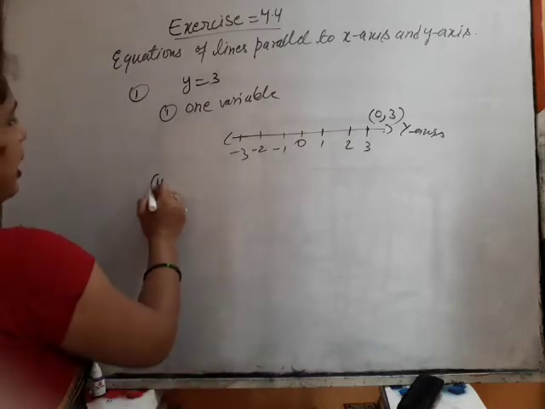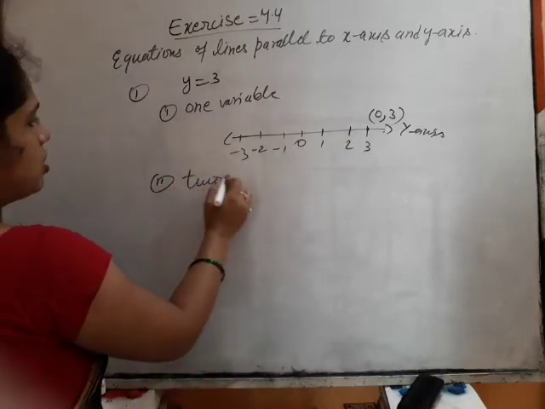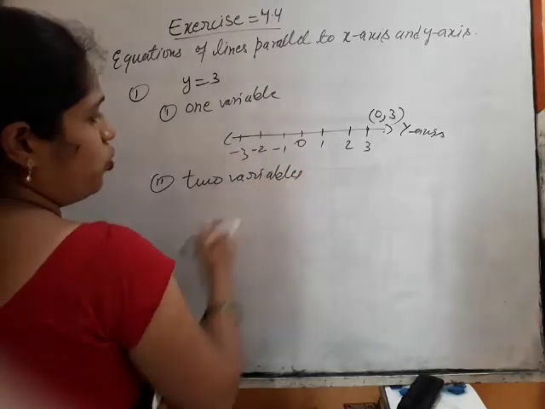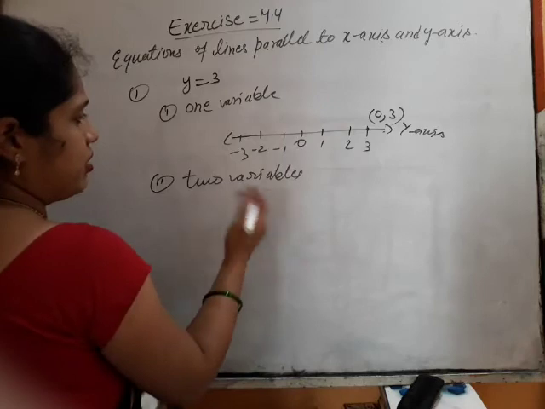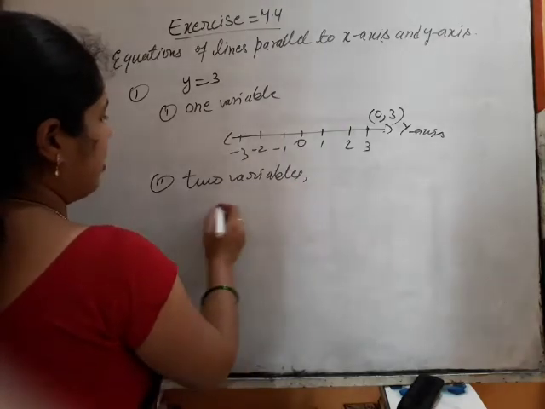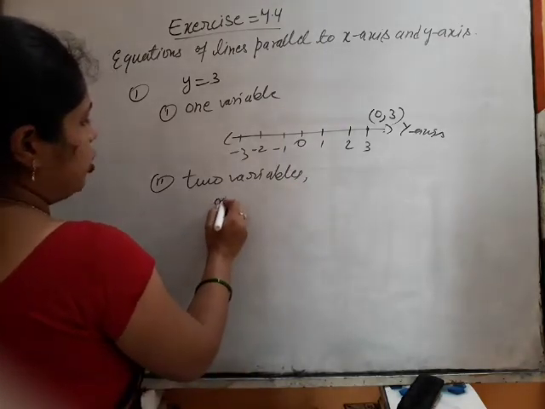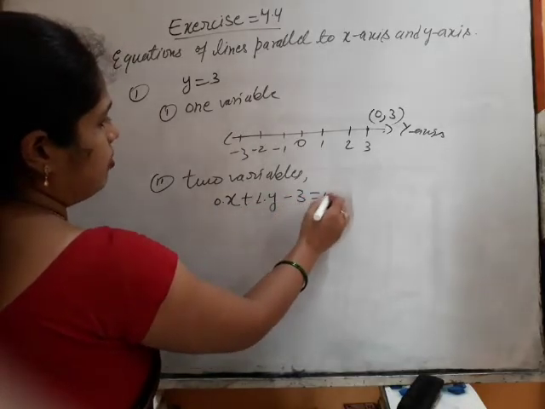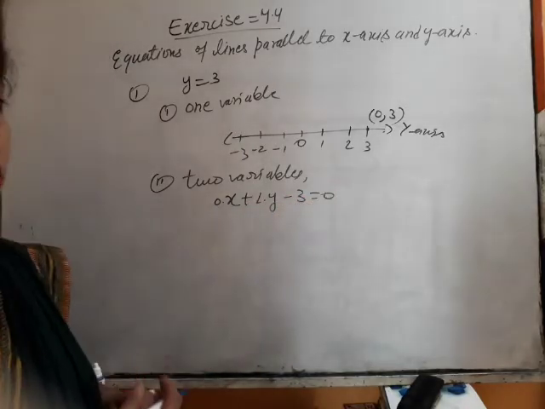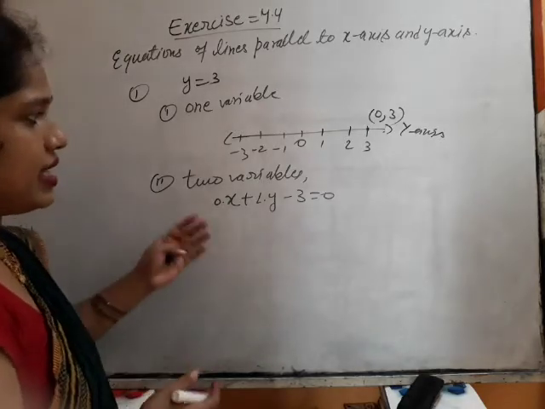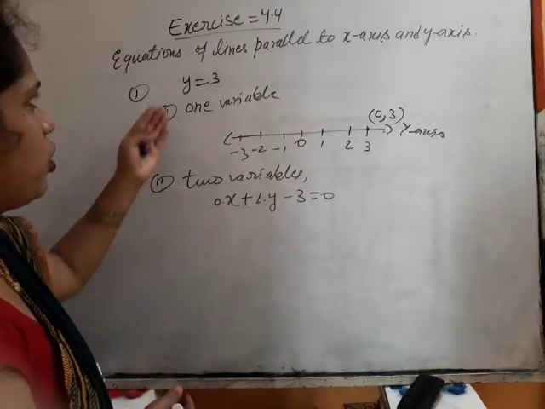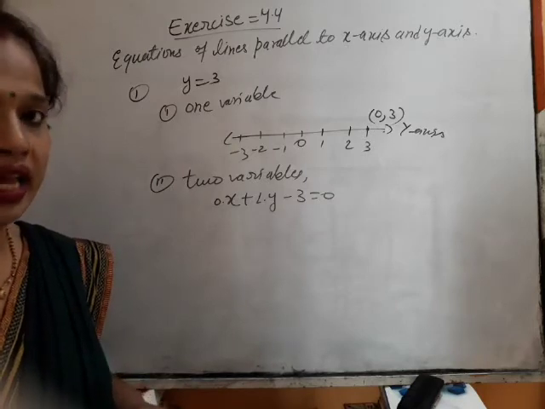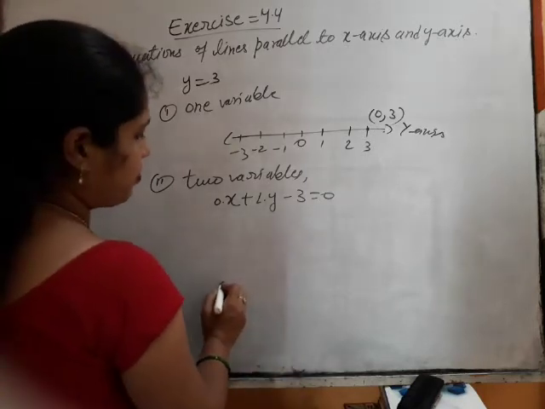Now the second, two variables. That means firstly we have to write it in the form of two variables: 0 into x plus 1 into y minus 3 equals 0. So now dear students, as I have explained just before, y equals 3 will give a line which is parallel to the x-axis.